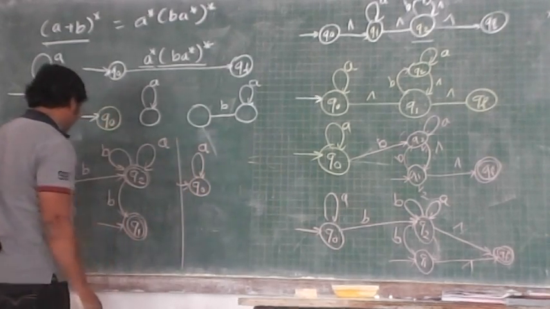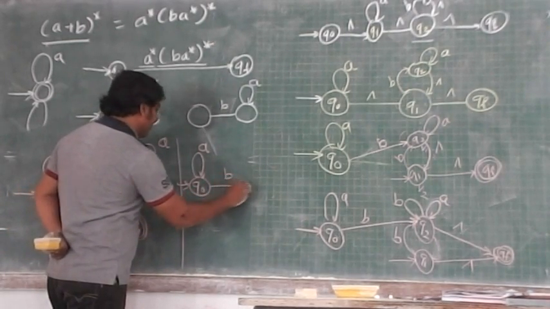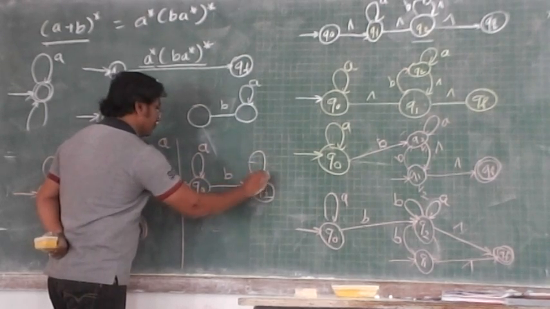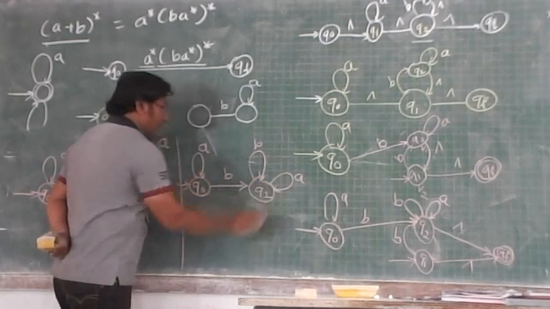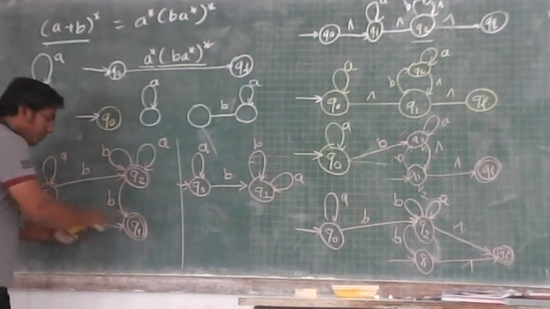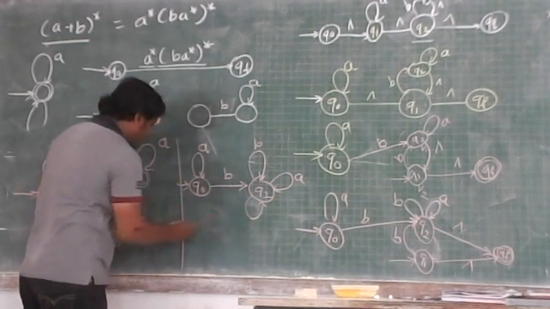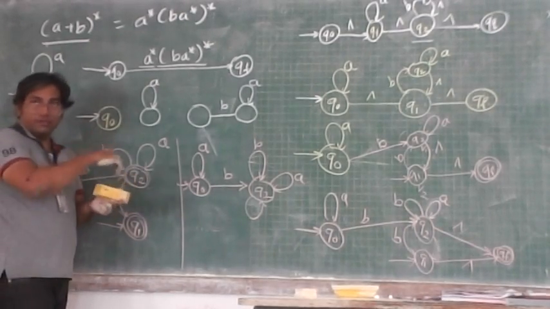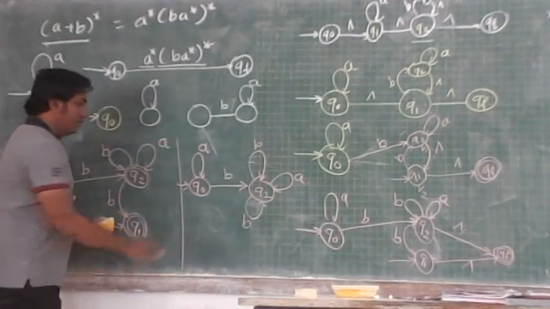A, B, Q2, B, A, and this B, what you have done with this B, you have merged this way. Because of merging, what happened? This B got looped, and this is a final state.